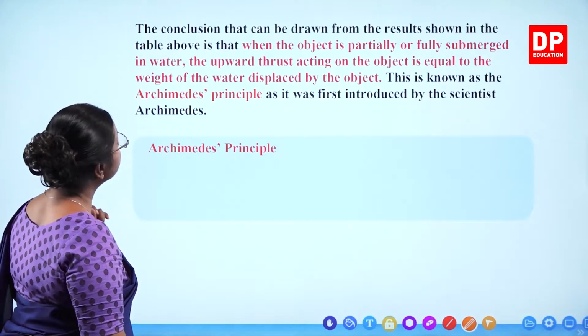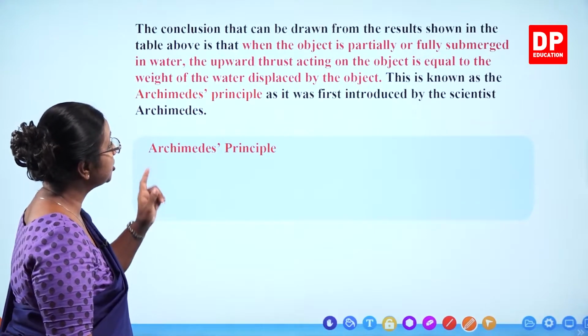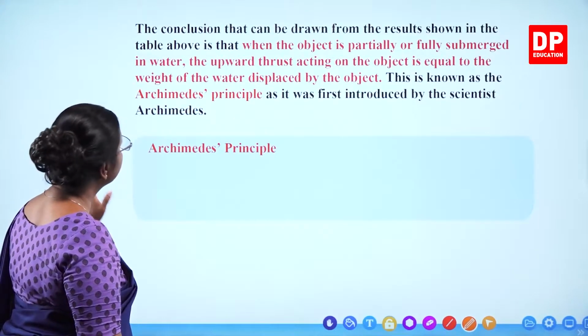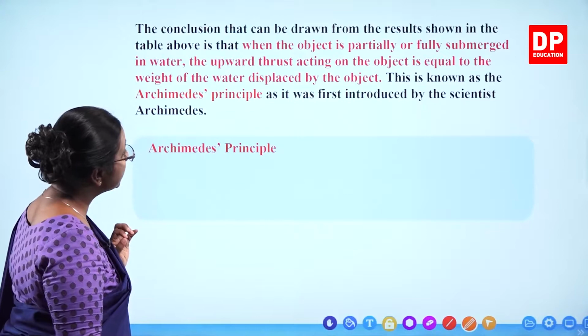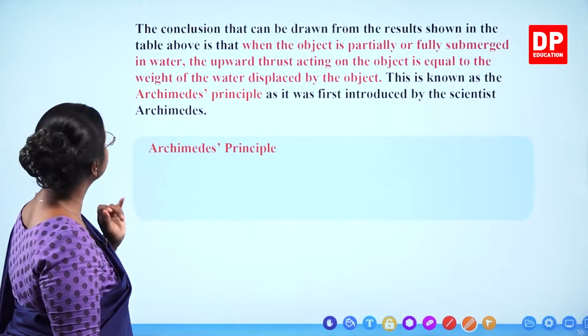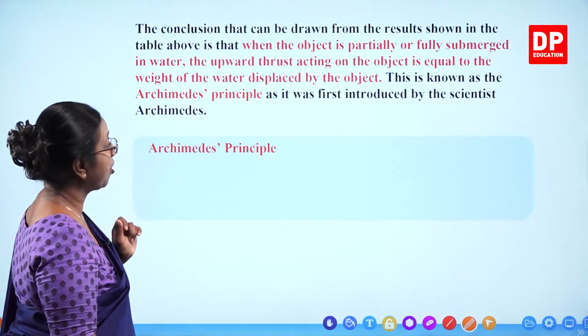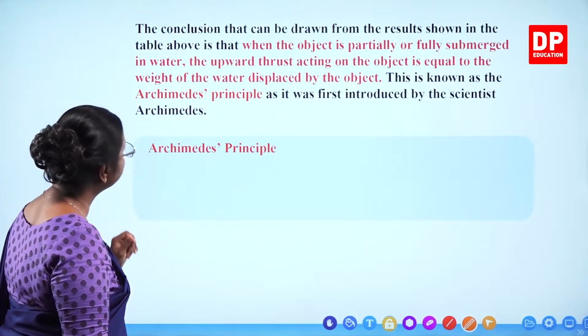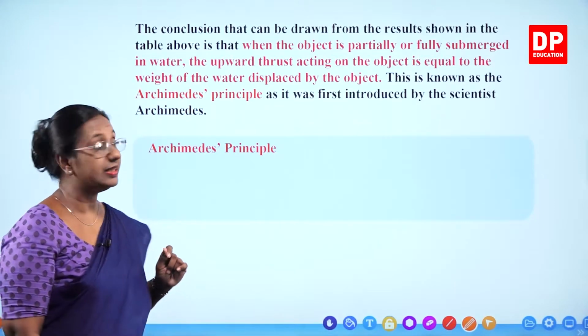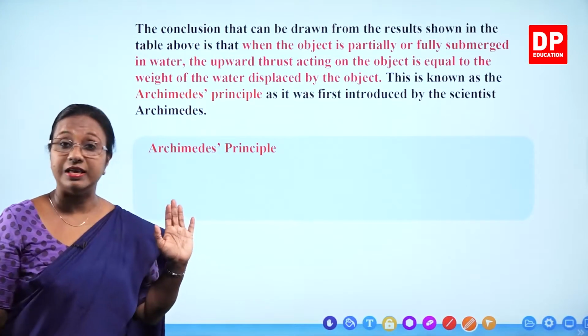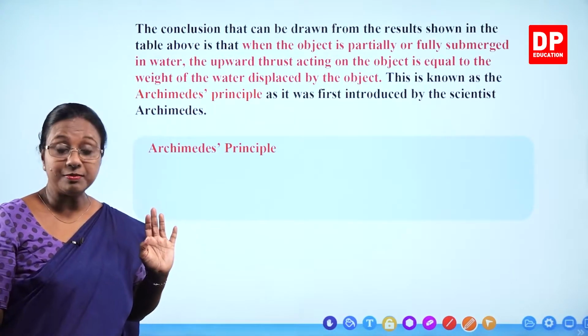The conclusion that can be drawn from the result shown in the table above is that when the object is partially or fully submerged in water, the upward thrust acting on the object is equal to the weight of the water displaced by the object. So that is what we calculated. You all can remember, students.